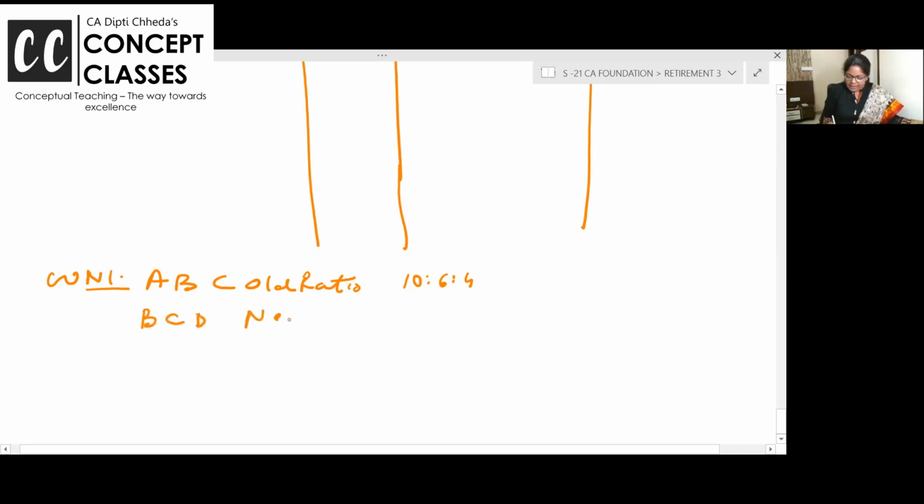A, C, D, new ratio. B is retiring, sorry, and D is coming in. So A, C, D. The new ratio is given in the last line: A, C and D, 2 is to 2 is to 1.